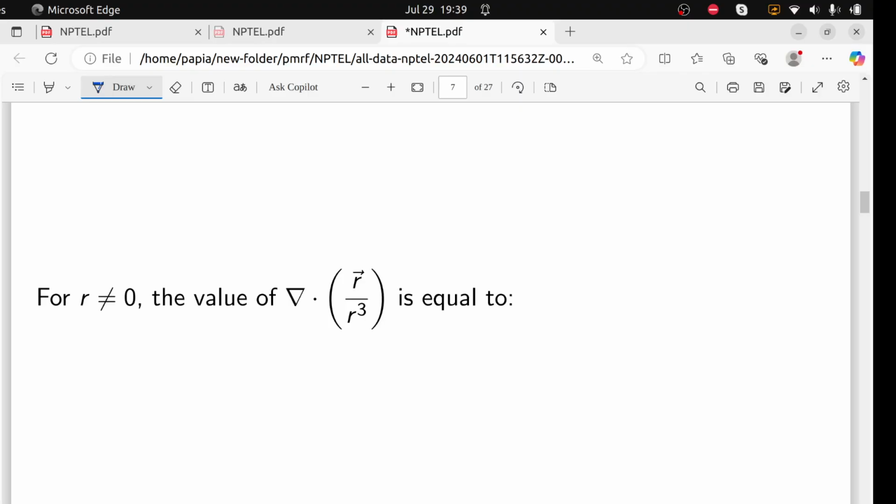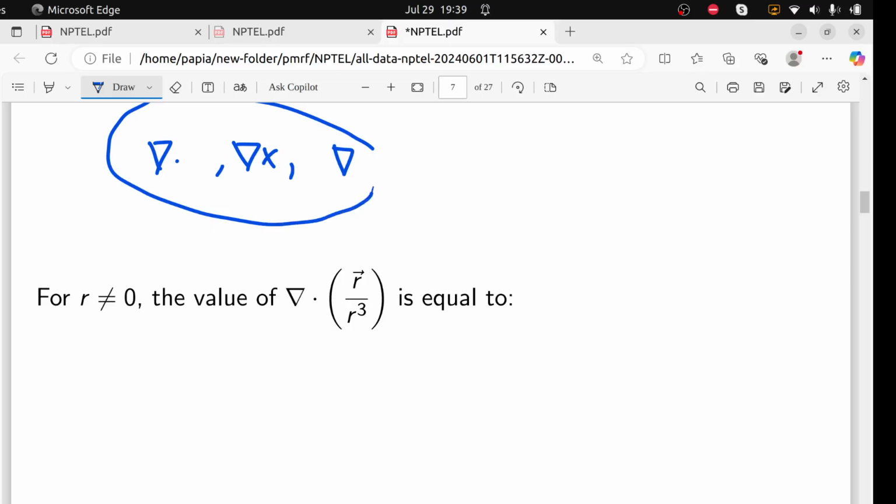Okay, so I think all of you are familiar with divergence, curl, grad. If anyone does not have any idea about these things, you can just tell me so that we can proceed accordingly. Everyone knows about divergence, curl or grad?